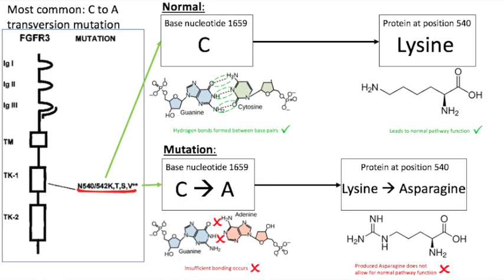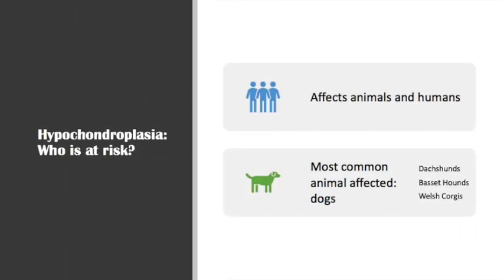In the case of hypochondroplasia, it is a C to an A, and most cases are associated with an N540K mutation, where lysine is substituted for an asparagine, and being a mutation on the same gene, the impact is similar to that of achondroplasia. It is most common in dachshunds, Basset hounds, and Welsh corgis.